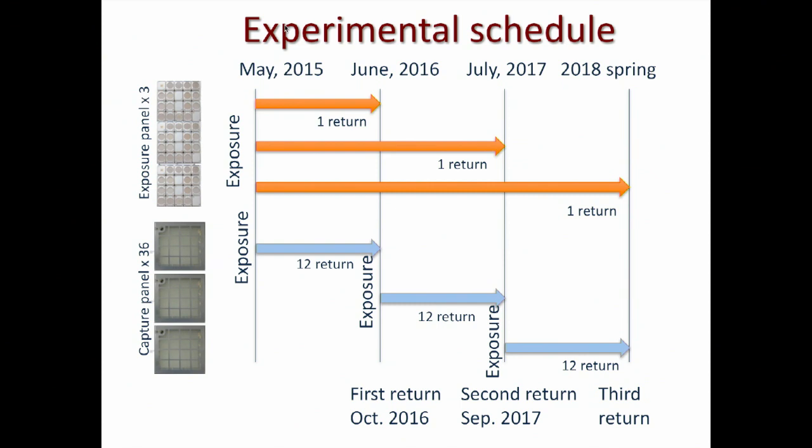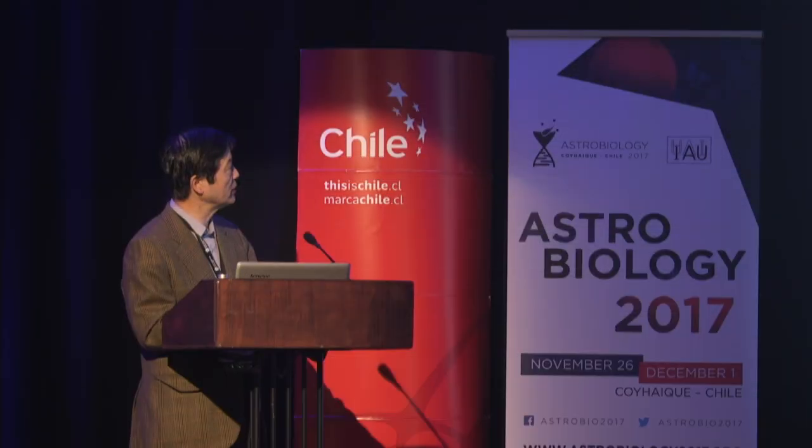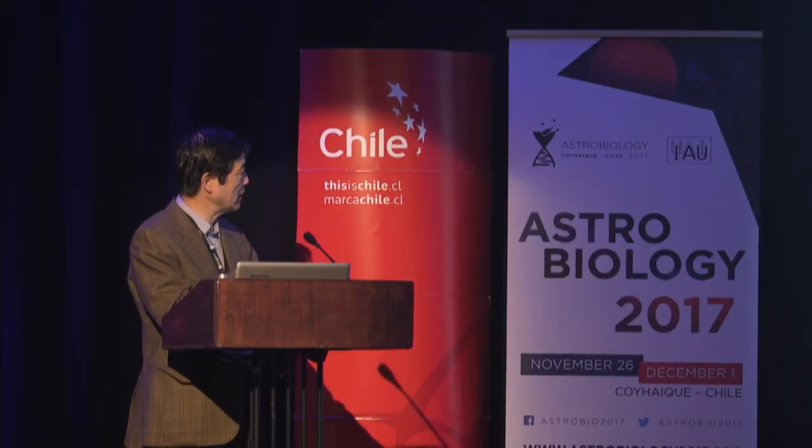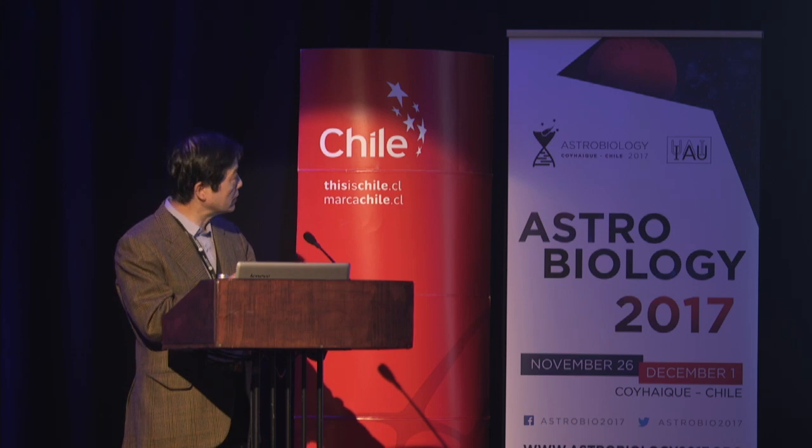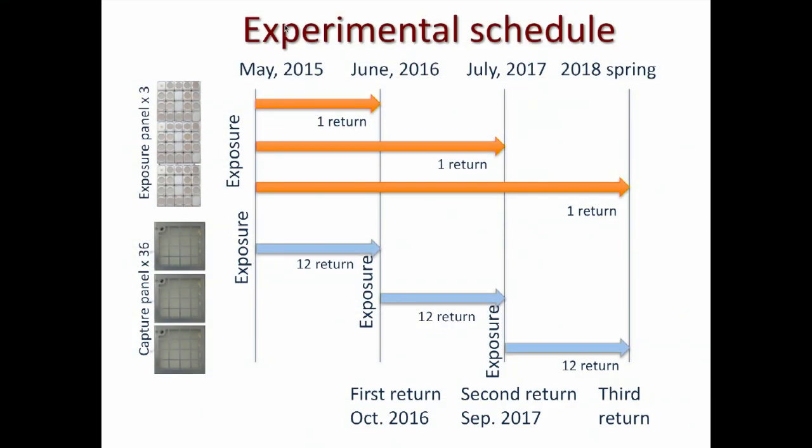Then after 1 year, we detached one of them and returned it to the ground in October 2016. The second one was exposed for 2 years and detached in July 2017 this year, and it returned in September of this year. And the third panel is going to be exposed for 3 years and will return next year.